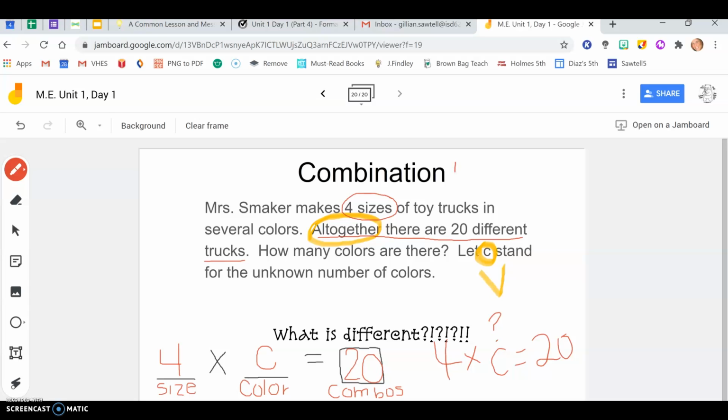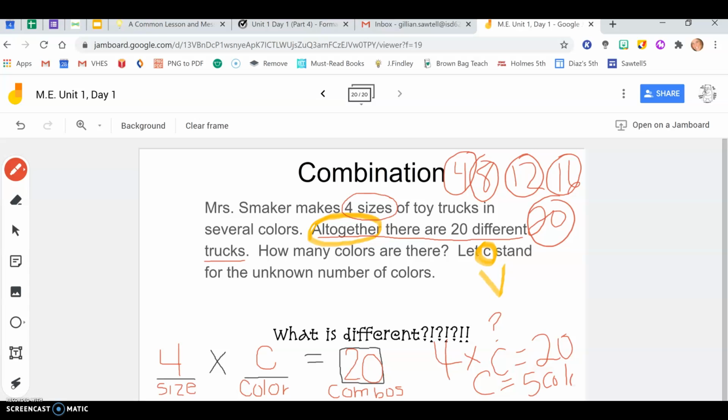I can go 4, 8, 12, 16, 20. 1, 2, 3, 4, 5. C equals 5, and my label is going to be colors. And let me see if I can squeeze in my S with my mouse. There it is. Let's double check.